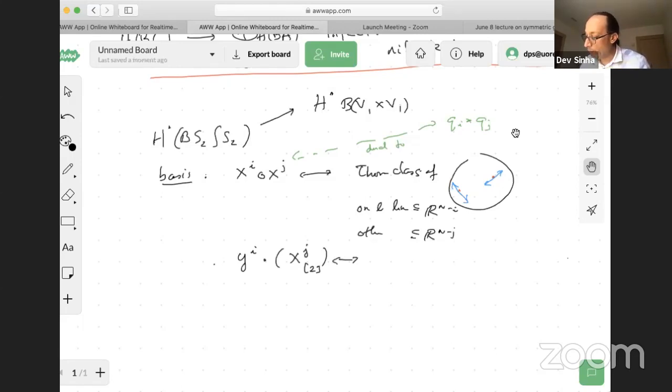What this is the Thom class of: you have the red points now sitting inside RP^(n-i), whereas each of the blue lines are inside RP^(n-j).